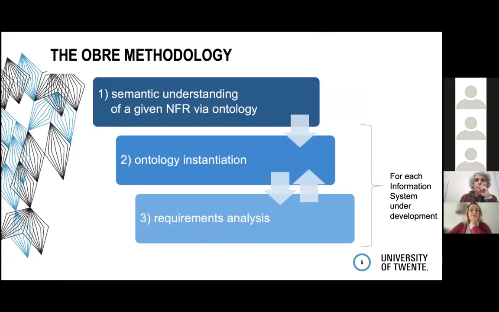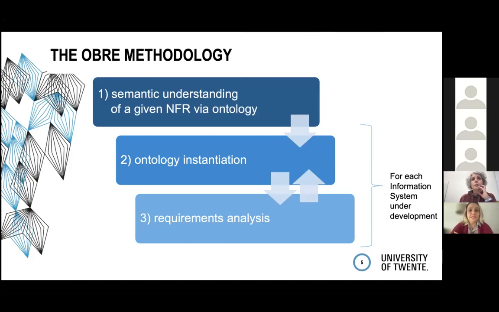So the idea of ontology-based requirements engineering, this methodology that we are creating, is to serve as guidance to help requirements engineers, requirements analysts, to go from this kind of vague non-functional requirements to more specific, analyzable requirements, guiding them in the process of eliciting and analyzing such requirements.